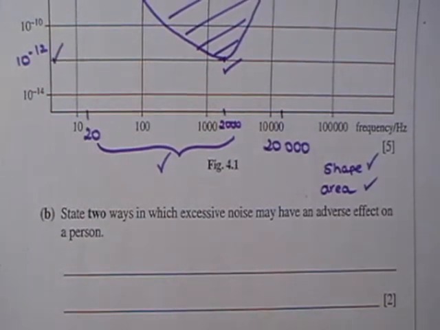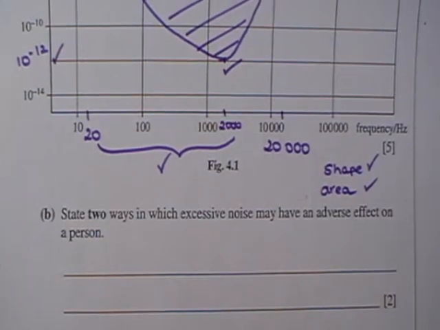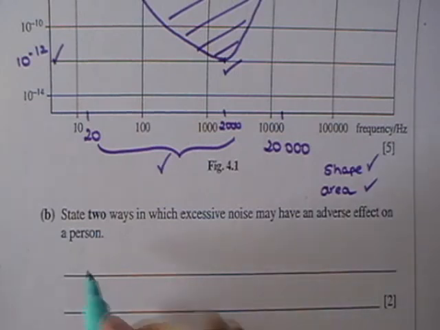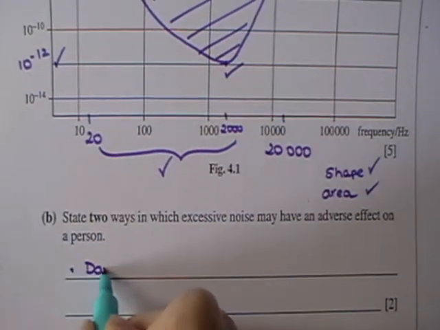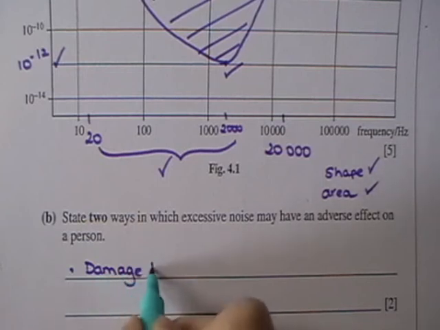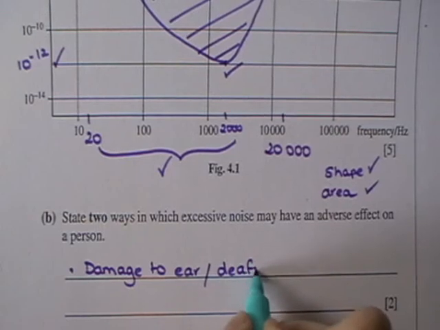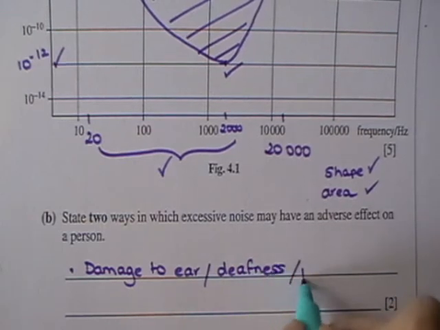State 2 ways in which excessive noise may have an adverse effect on a person. So there could be, of course, damage to the hearing or the ear, or it could just cause maybe some pain. And then the second thing are all those other things.